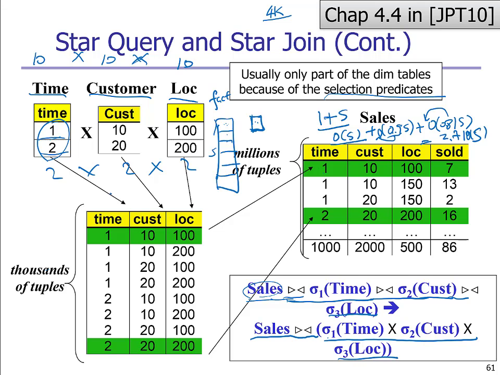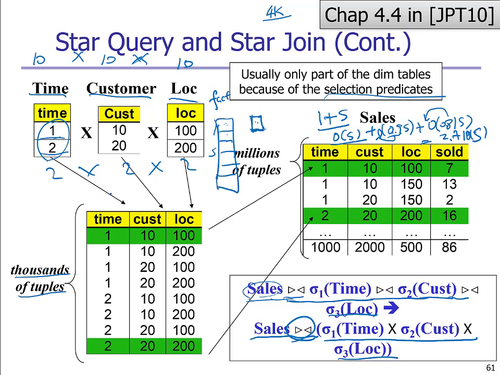But if we consider the scenario with star join, right? So we only have one join operation between sales, the fact table, and the result of the cross join between these 3 dimension tables. As we said, we assume this can fit into one page or one block, or even several blocks.